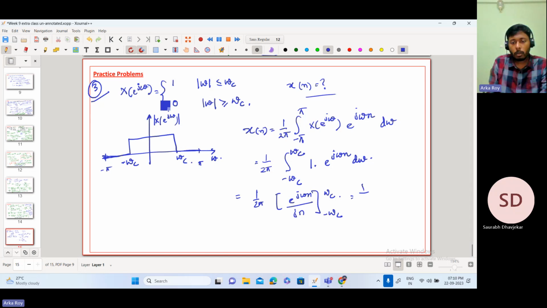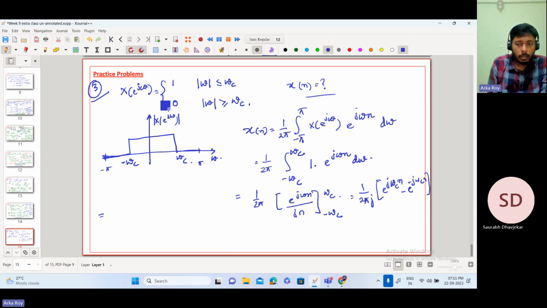So if I just solve it, let me take 2 pi j out. It will be e to the power jωcn minus e to the power minus jωcn.